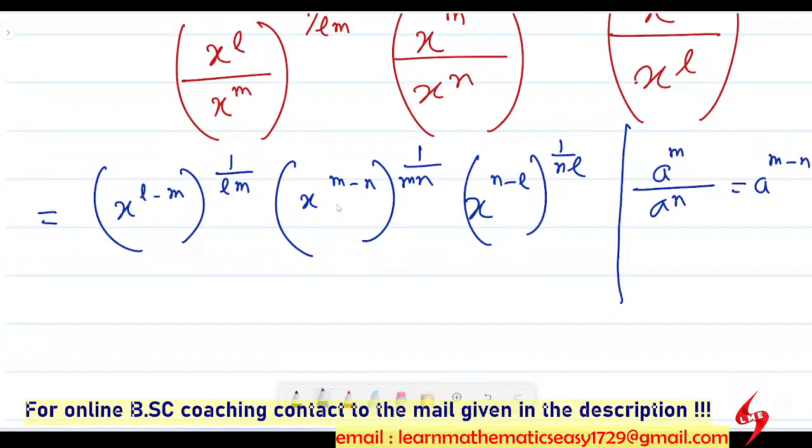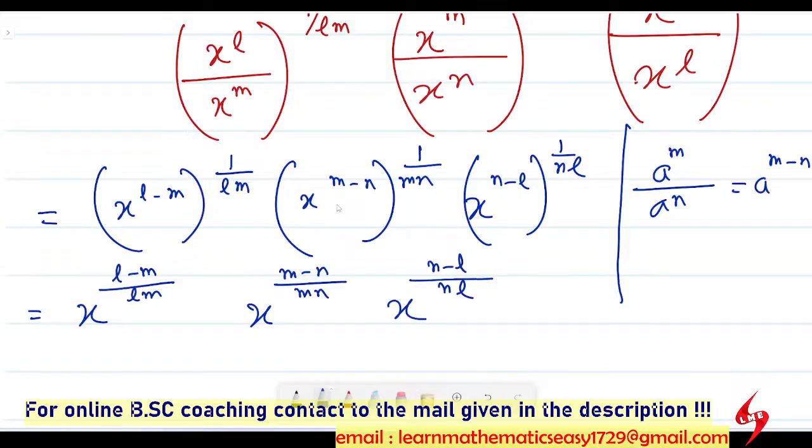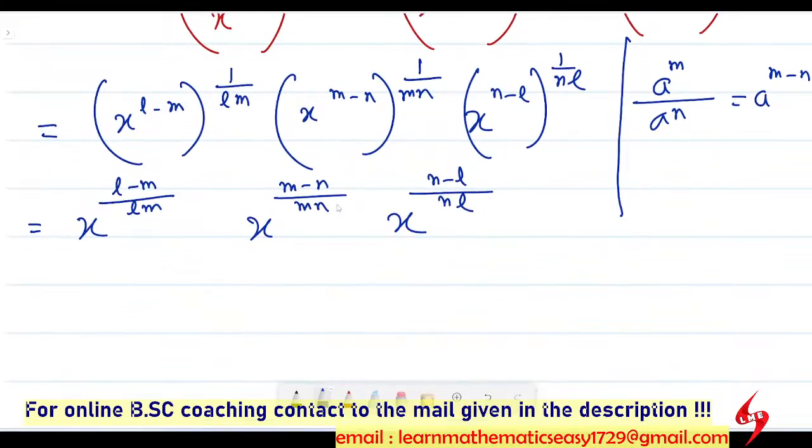Okay, now individually the multiplication will be happening in the power. So x to the power n minus L by Lm, x to the power m minus n by mn, x to the power n minus L by nl. Okay, now the bases are same, so the powers will be added.